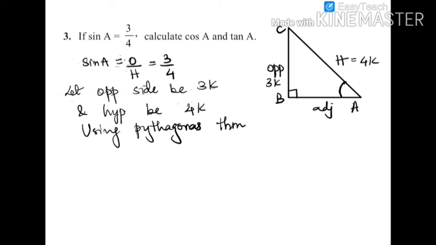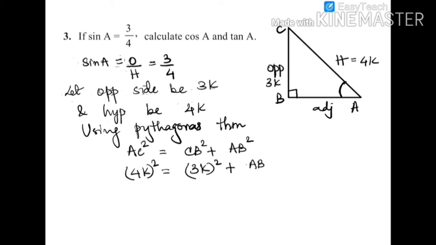So let's write down the steps and find the adjacent side. So AC square will be equal to CB square plus AB square. Let's substitute the values. 4k square will be equal to 3k square plus AB square.